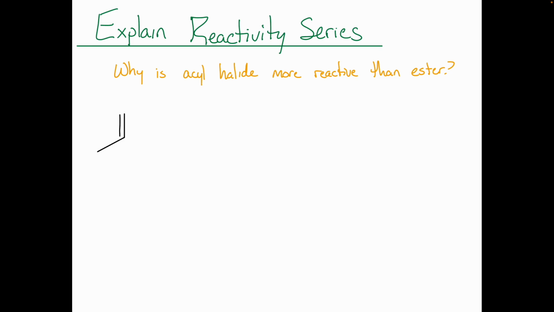Well, let's look at this chemical equation here. We're going to take that acyl halide and react it with this methoxide ion here.